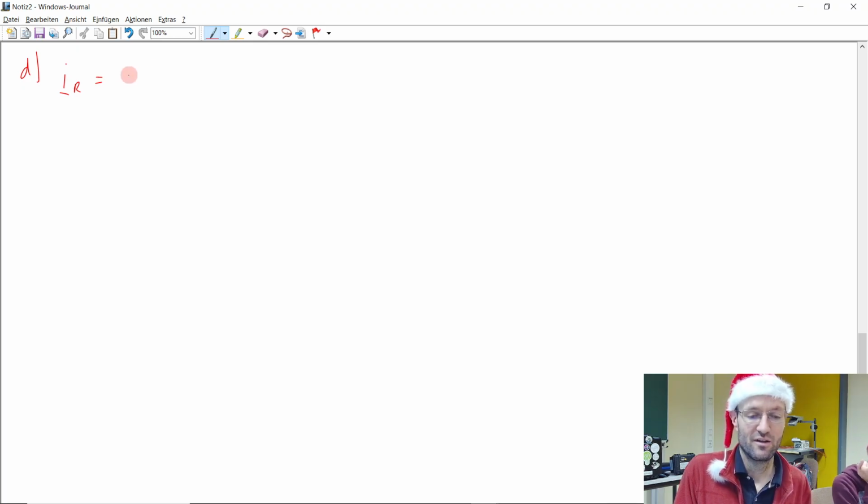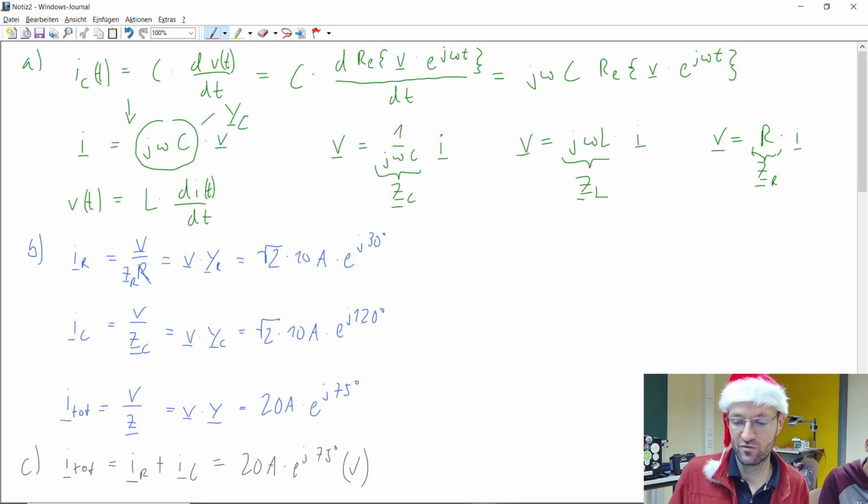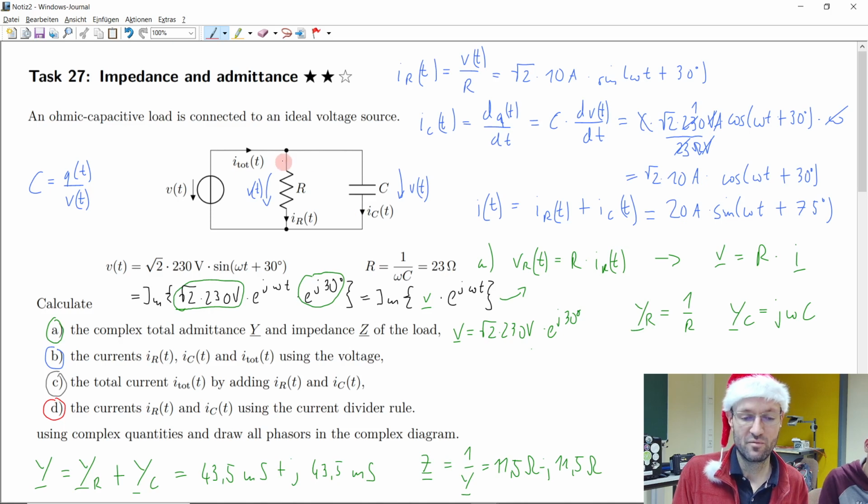Exactly. So we take the total current, and then if we go back to the circuit for a moment, if this would be a resistive circuit, if we want to have the current going through this resistor, the current divider rule worked like this.